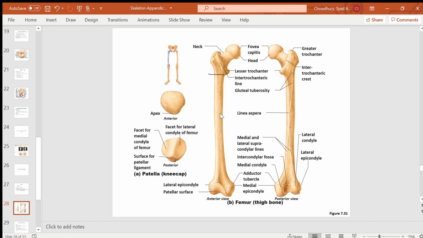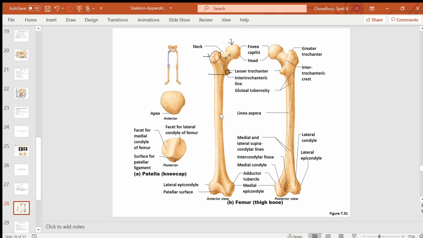First let's see the upper end. The upper end has a nice spherical round head, and next to the head you have a pretty long neck in the femur, and then you have two trochanters. A large irregular bony mass is a trochanter. So this is the greater trochanter, the bigger one, and this is the lesser trochanter.